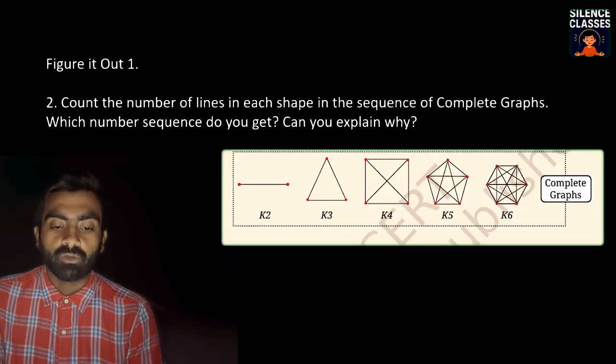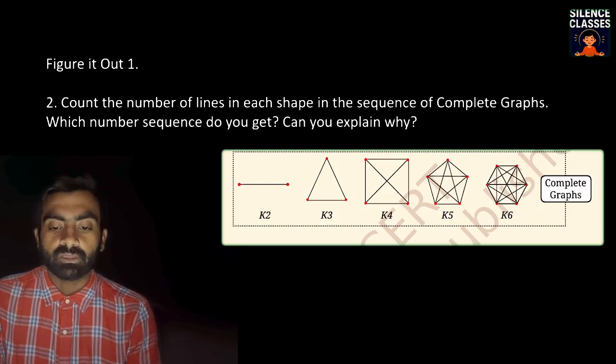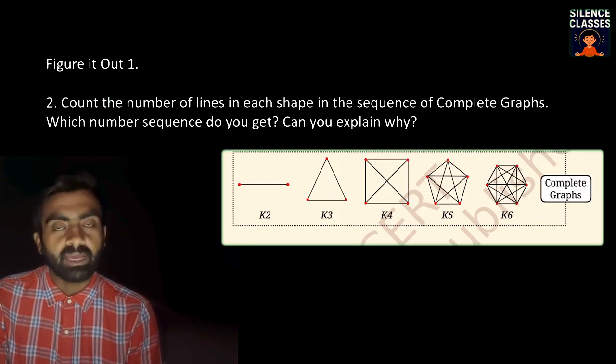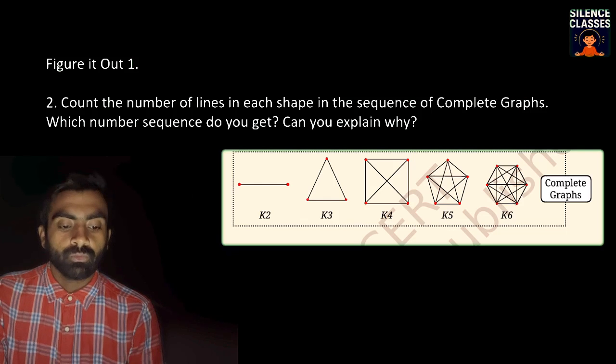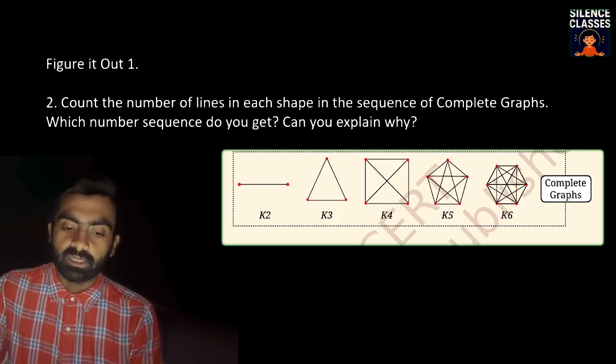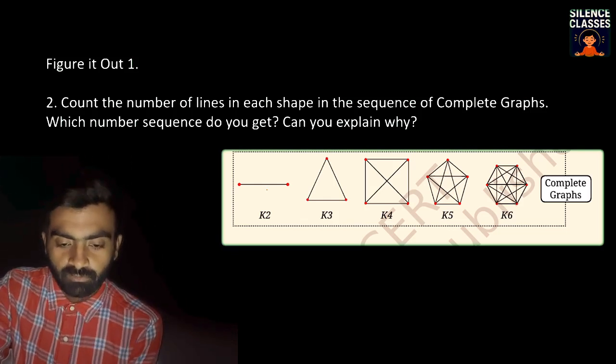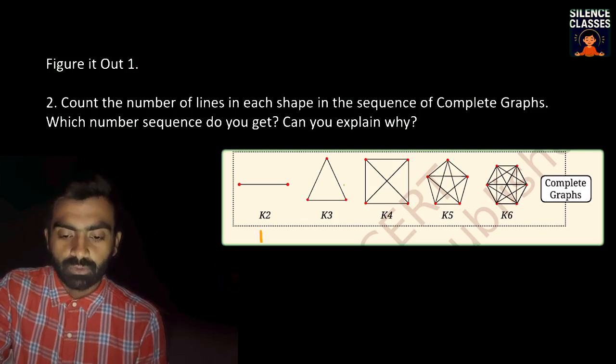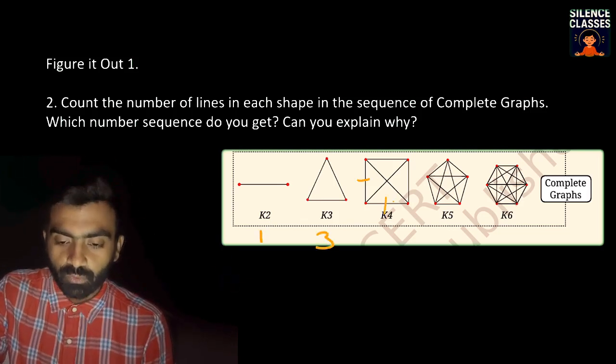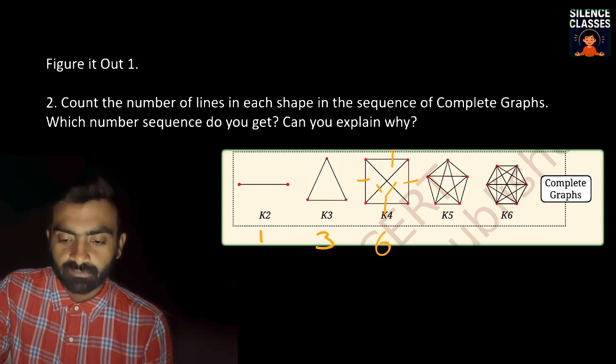Count the number of lines in each shape in the sequence of counting graphs. Which means we have to count the number of lines. Now which number sequence do we get? Number 1, we will get one line, then 1 2 3. Now 1 2 3 4 5 and 6.